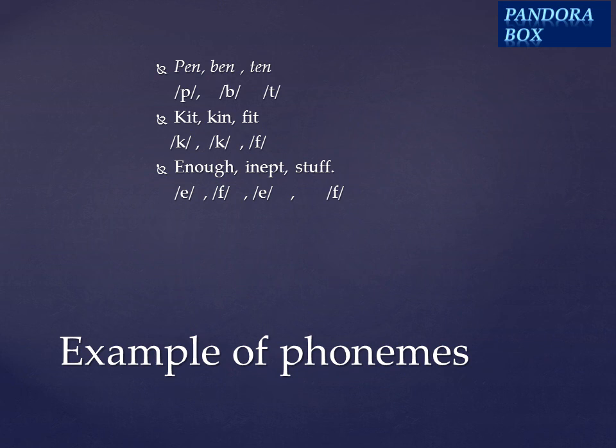GH and double F are different letters but give the same pronunciation. These are the phonemes. So I'm saying again, never go with the spelling, always go with the sounds.